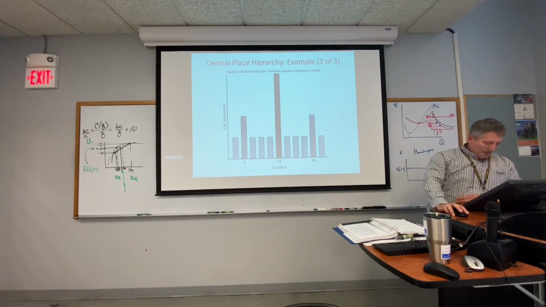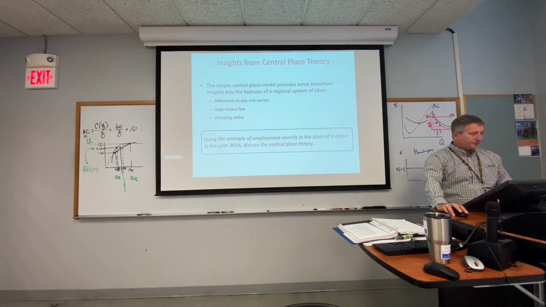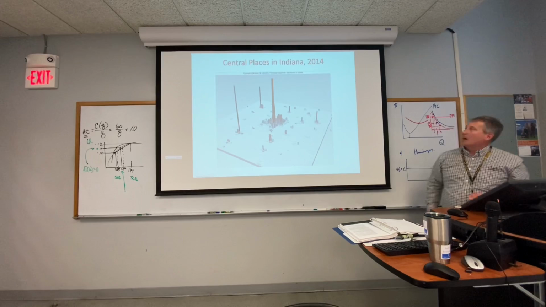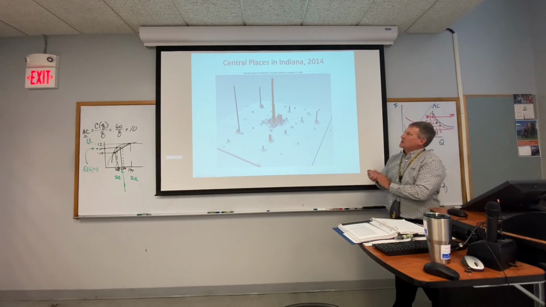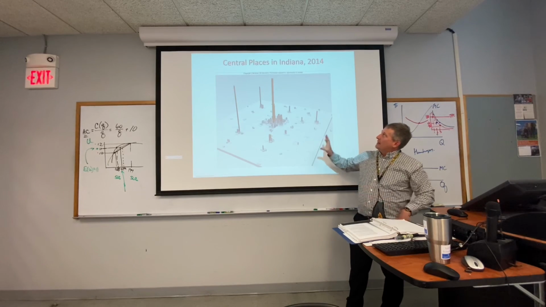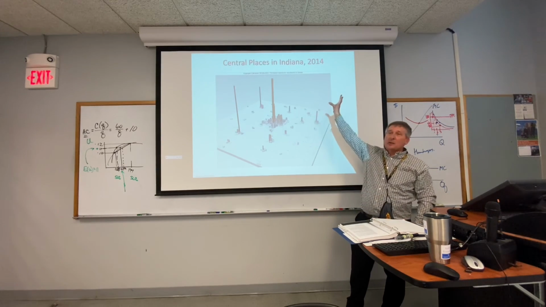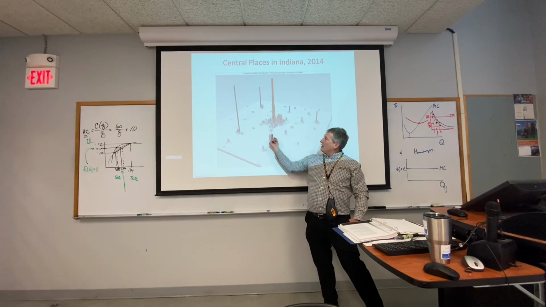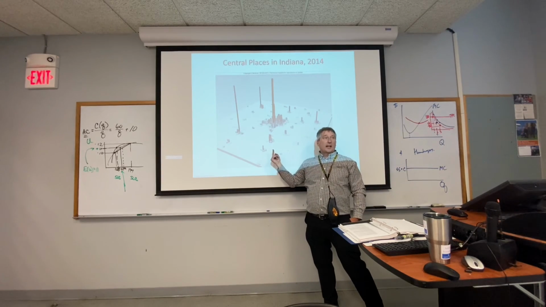Okay, so the cool graph is this one. This is where I'll leave you and we'll pick up tomorrow. There's not much more to this chapter, but I'll say a few things tomorrow. But this is Real World Indiana in 2014. And so they do some cool things of looking at the industries and where they locate.